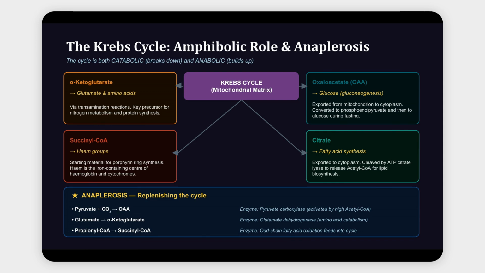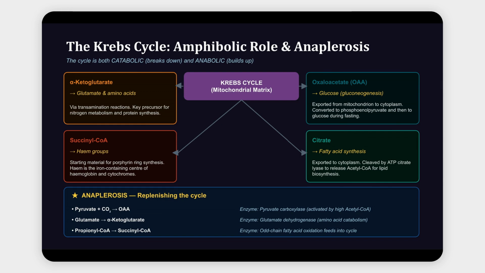Intermediates in the Krebs cycle are constantly being withdrawn to perform other biosynthesis processes. For example, alpha-ketoglutarate is a precursor for the amino acid glutamate and other amino acids via transamination reactions.